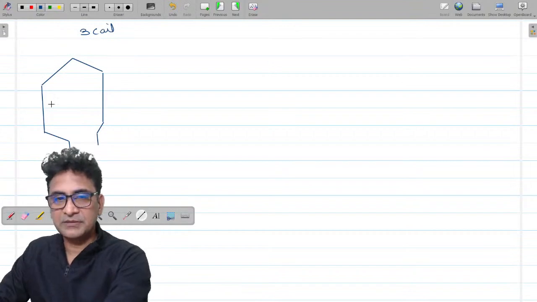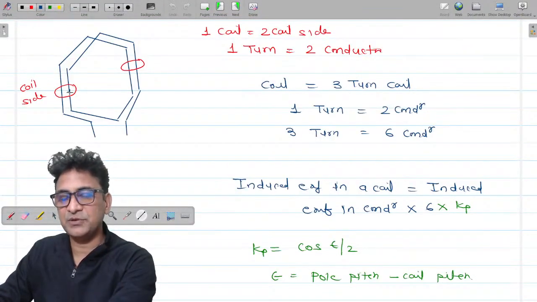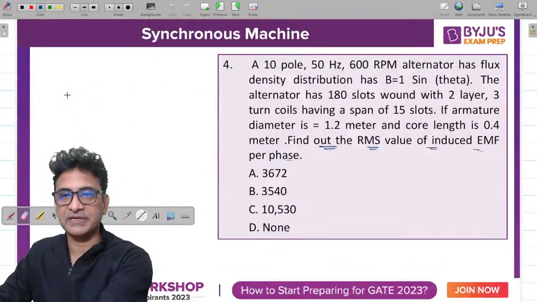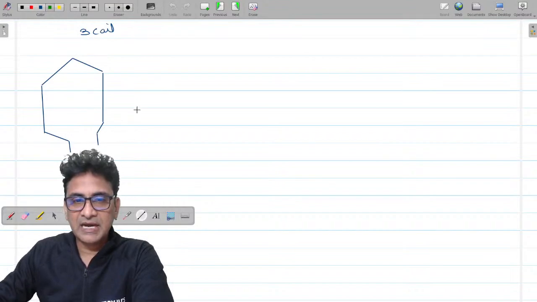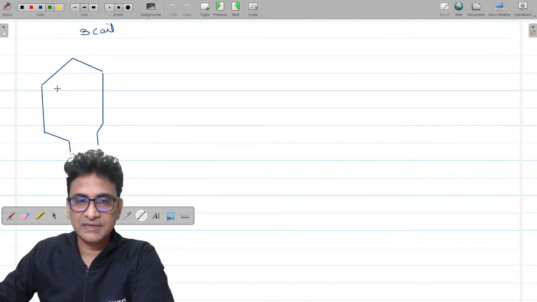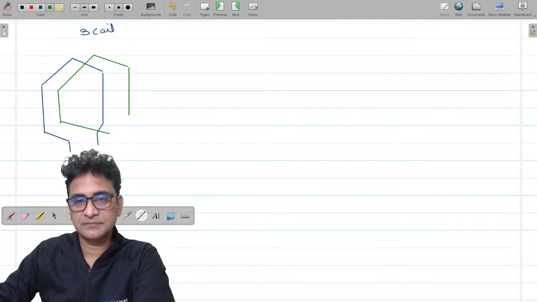No doubt a side may have a large number of conductors, because here in a side we have 2 conductors, so it may have many. So this is my single coil. Then I may have a second coil. No doubt all are connected in series, and this may be the third coil.